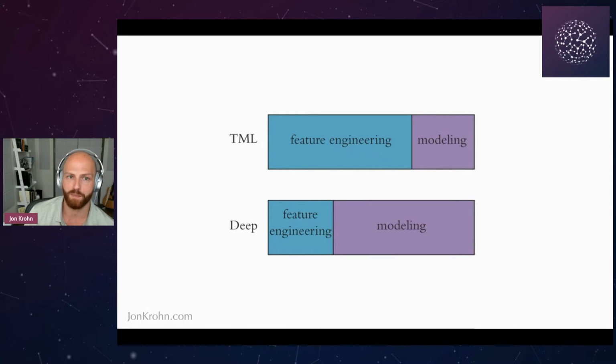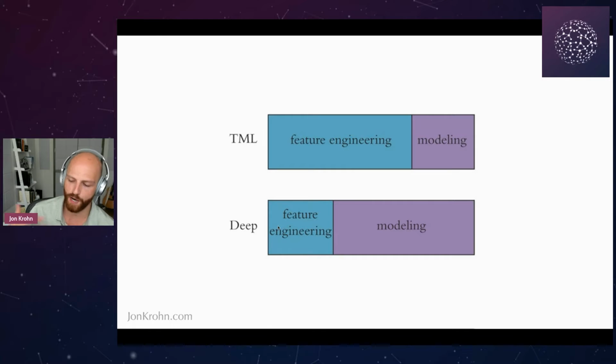Now, this does depend on typically having relatively large amounts of data for training your models. It also depends on having relatively large amounts of compute available to you. But given those two constraints, deep learning architectures allow you to avoid feature engineering.